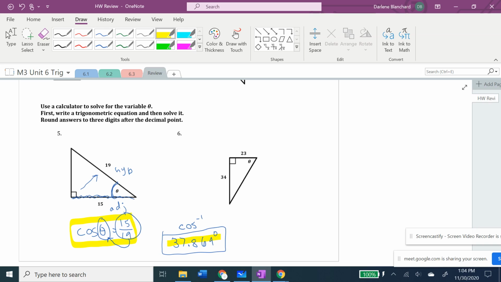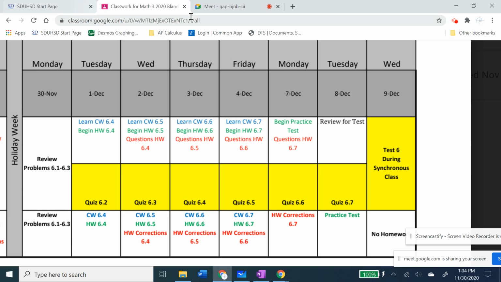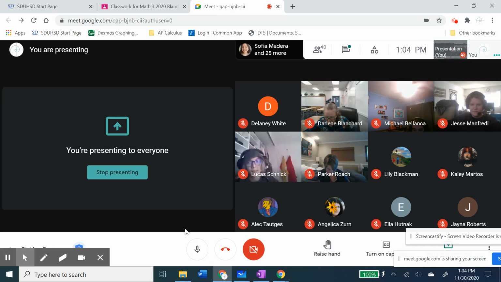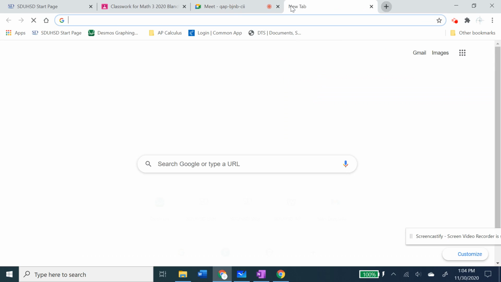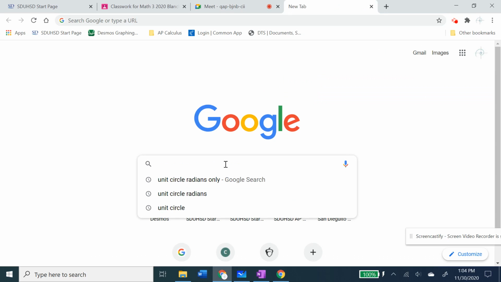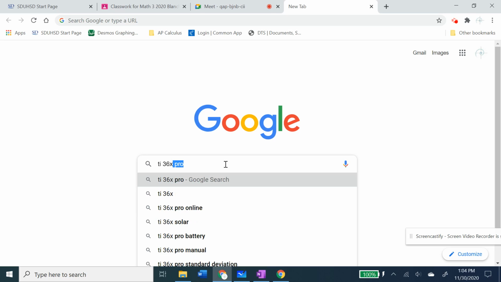Was it 36S X? It's a TI 30X. Okay. Let me, give me just a second. What am I needing to do? I'm going to stop presenting temporarily. TI 36X.